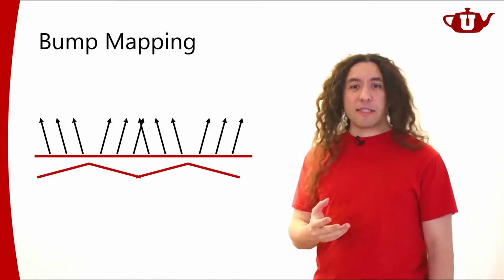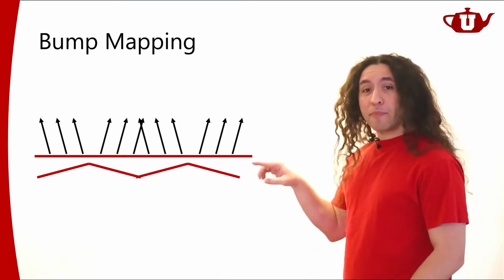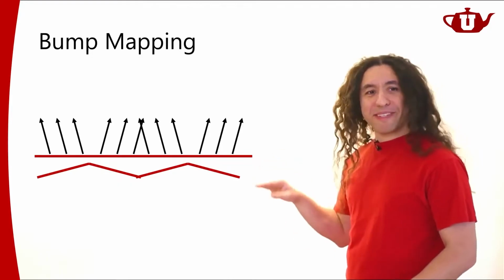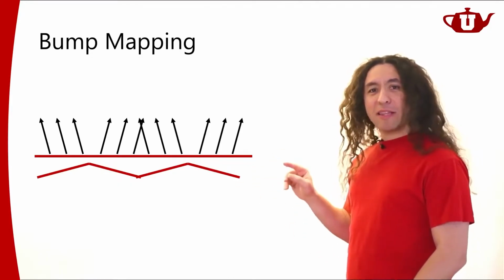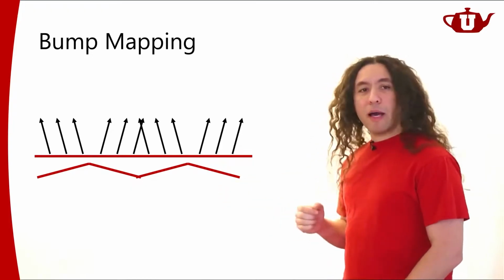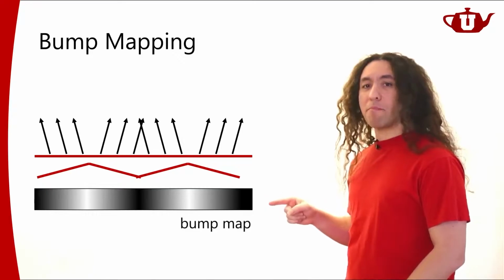And the way we do this using bump maps is by defining the height of the bumps or dents on the surface, right? And the way we define it would be just using some colors, a color map like this. So this is what would be a bump map.